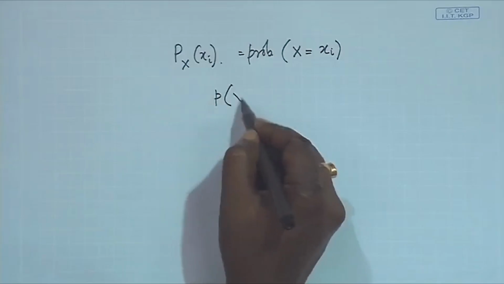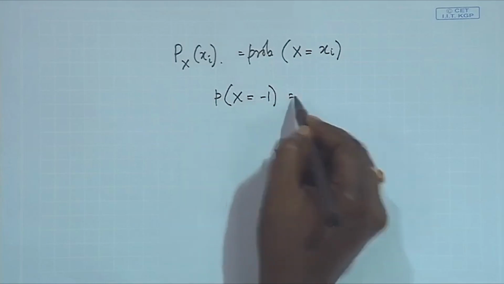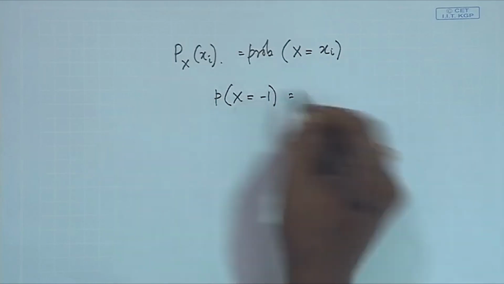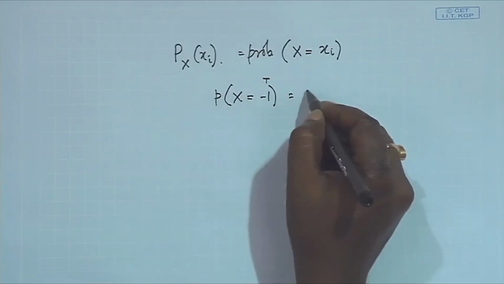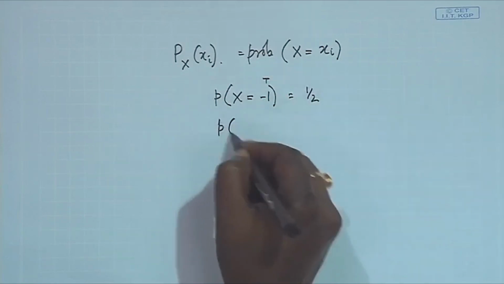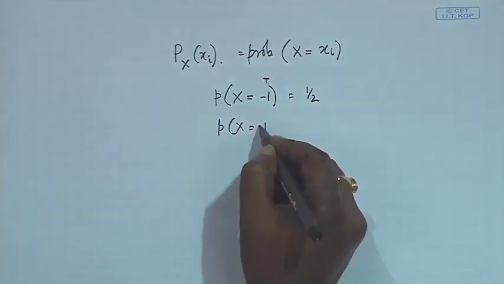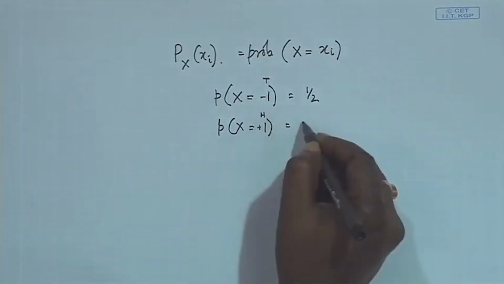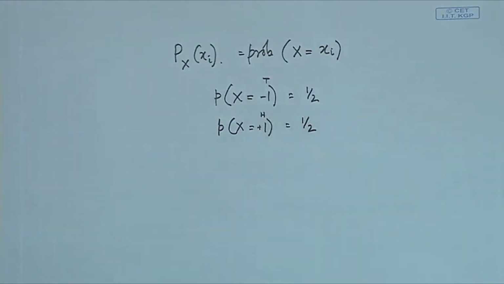Like we say the probability of tail, let us say x equals -1, is half, and the probability of head, that is +1, is also half. If we add these two, that means something will be happening. So, that is a certain event, and that addition of probabilities must be 1.